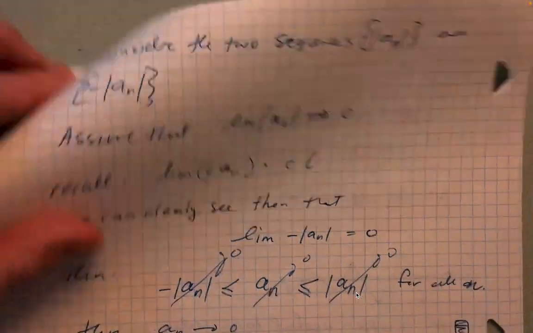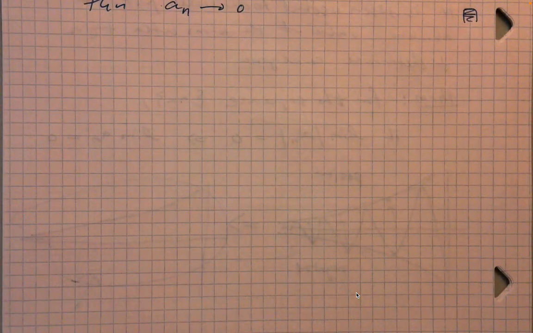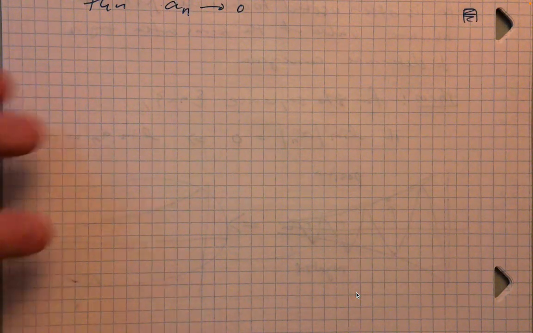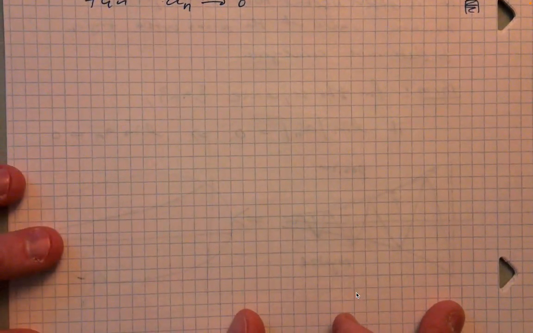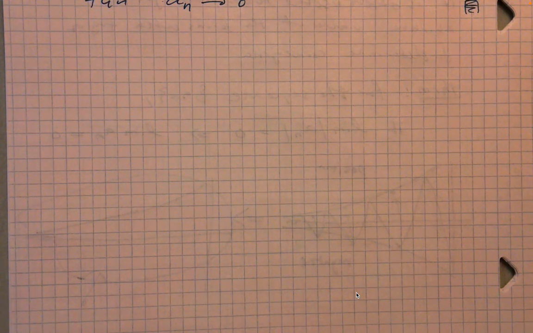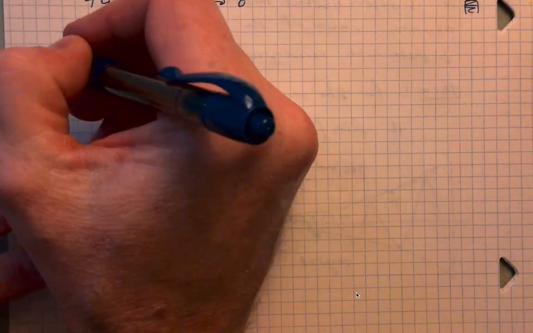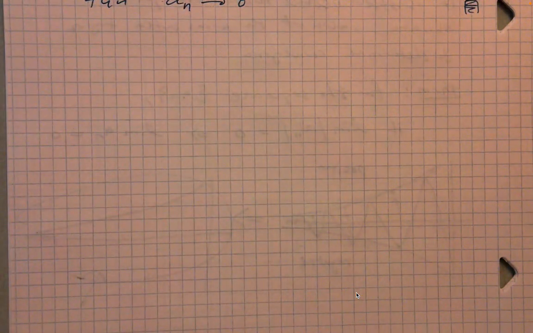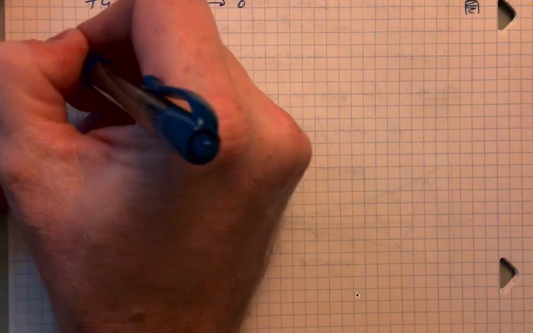So let's shift gears a little bit here. One of the things that's very important when we start talking about sequences is some of the pattern recognition that's required. Sometimes the terms of a sequence are generated by some rule that does not explicitly identify the nth term of the sequence.